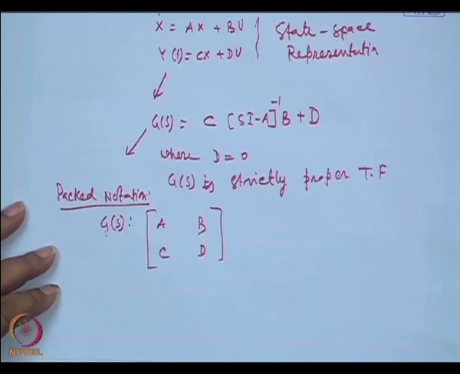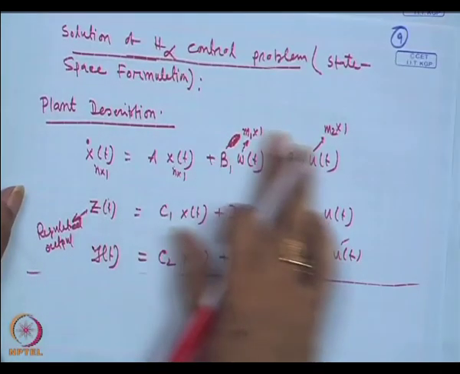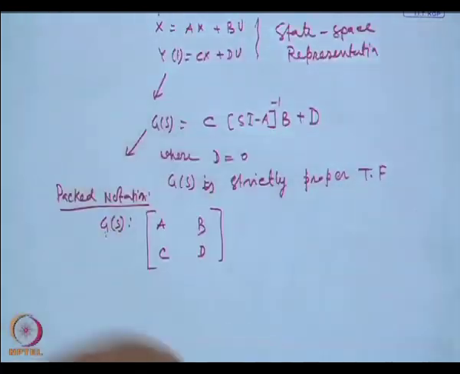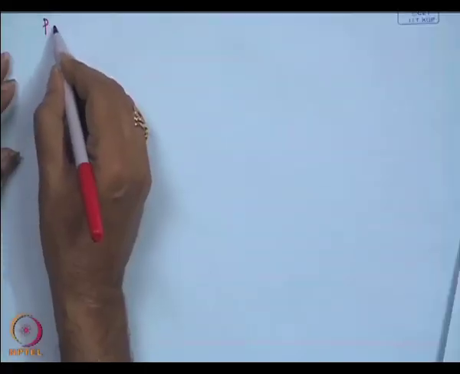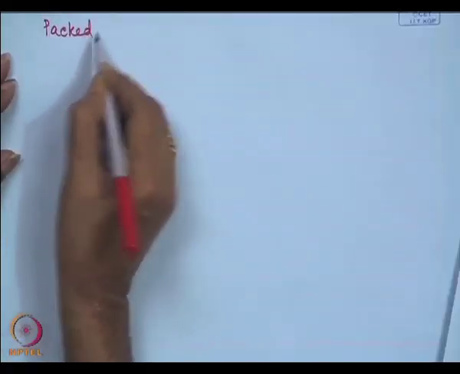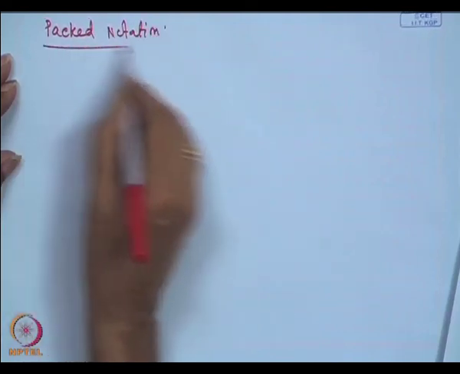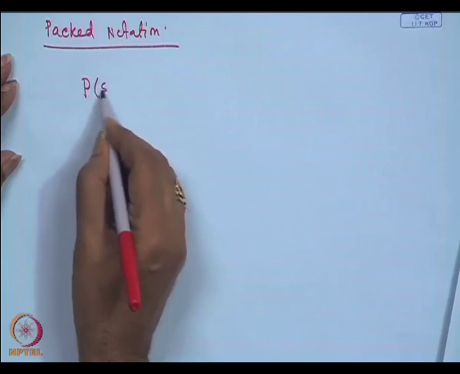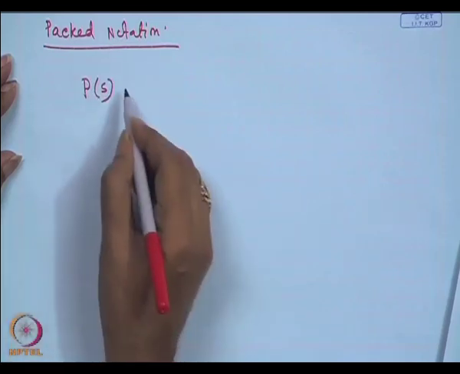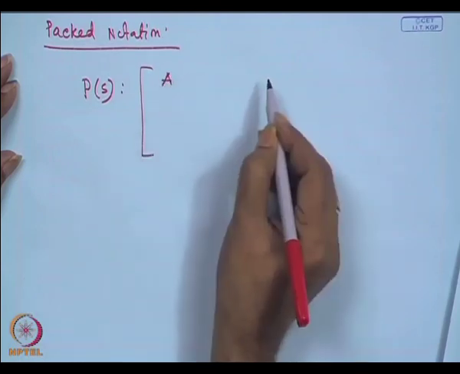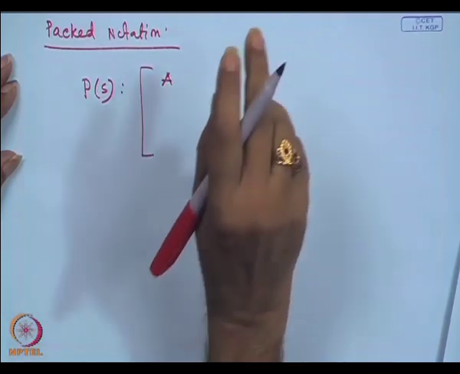Similarly, for our case, what is the packed notation to find the transfer function corresponding to our system description? If you recollect our 4 block representation, P s is equal to the packed notation: A, then B, which is B 1, B 2, our exogenous input as well as our control input.